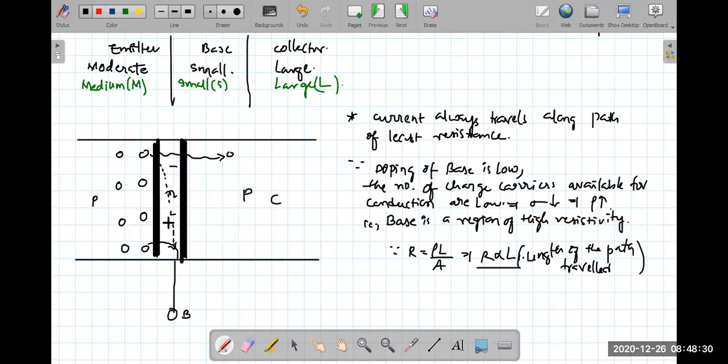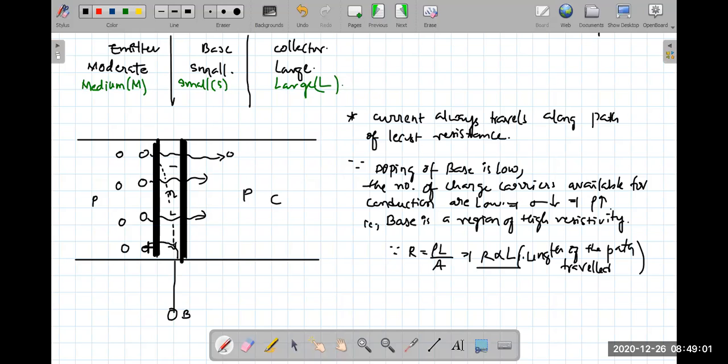Now tell me which one it will prefer. Will it simply cross the barrier in the least distance, or will it travel all the way? Most of these charges prefer to cross the barrier, they prefer to cross the base.